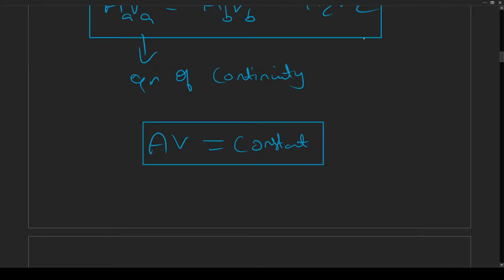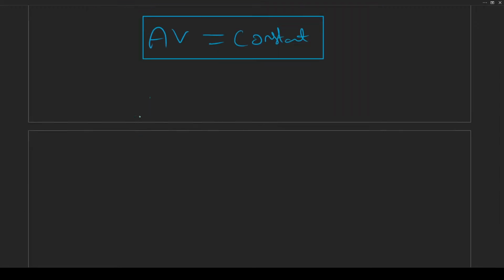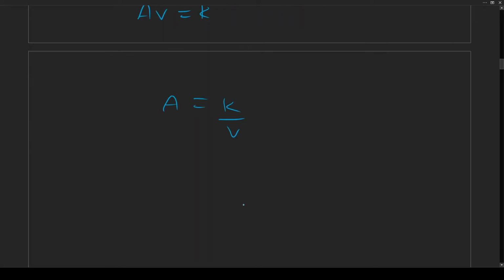We saw that AV is constant, so AV is equal to K. That means A is equal to K by V, meaning area is inversely proportional to velocity. Higher the velocity, lower the area.